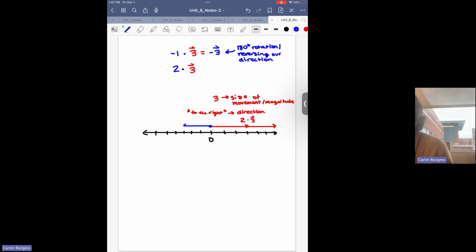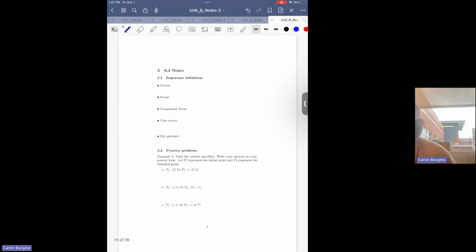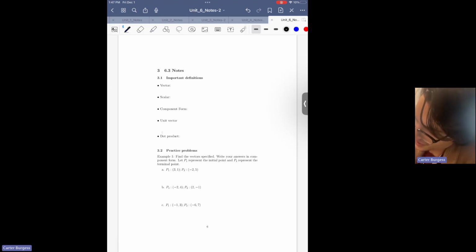All right, so as far as vocabulary, we have our vectors. These are going to be quantities that have both a direction and a magnitude.